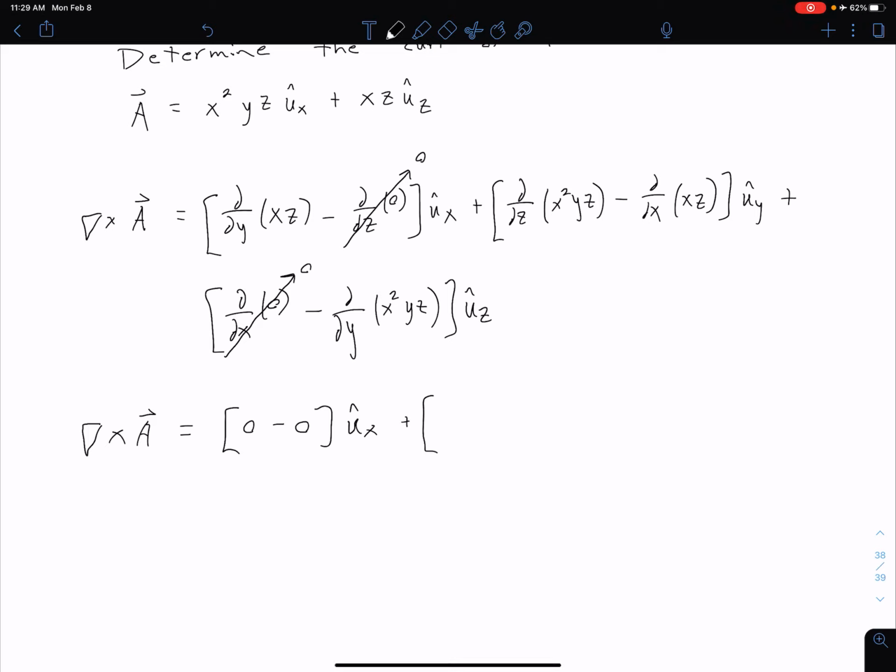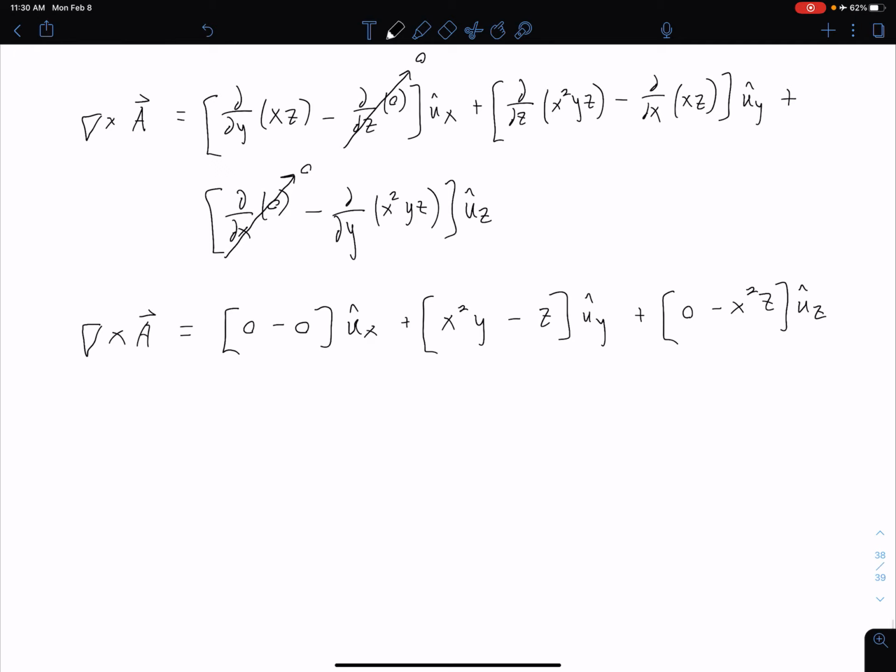Then we have the partial with respect to z of x squared yz, which is going to be x squared y, minus the partial with respect to x of xz, which is going to give us just z, so all of that is going to be in our y direction. And then plus, we have 0 from that first term, and then the partial with respect to y of x squared yz is going to be minus x squared z in our z direction.